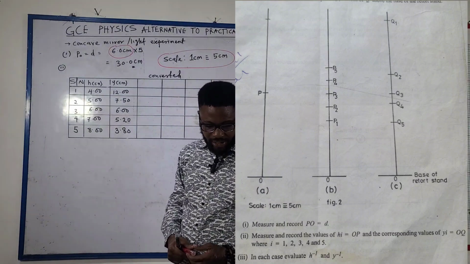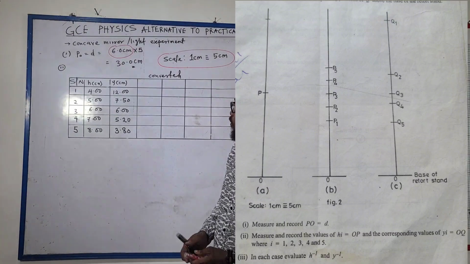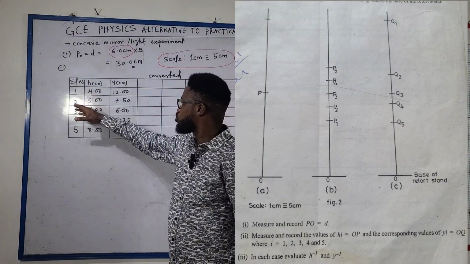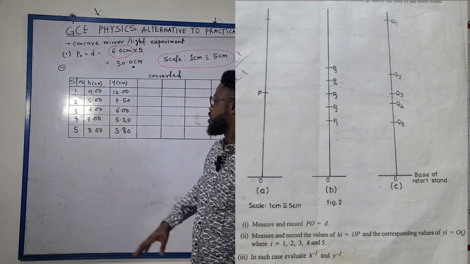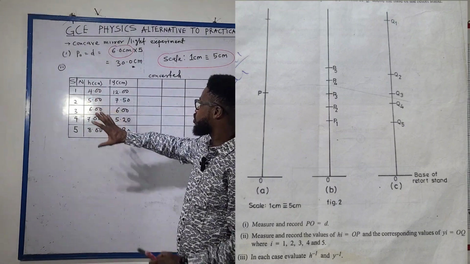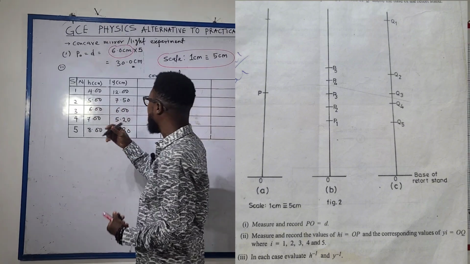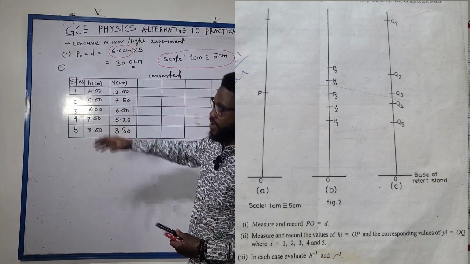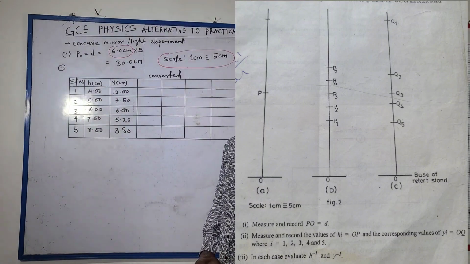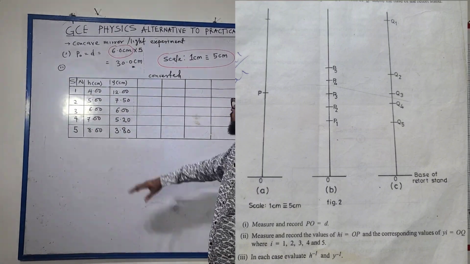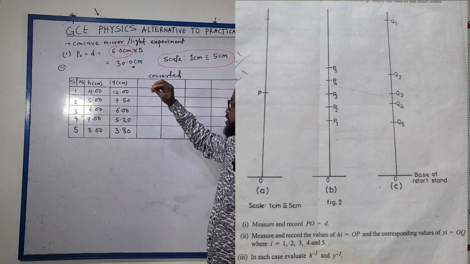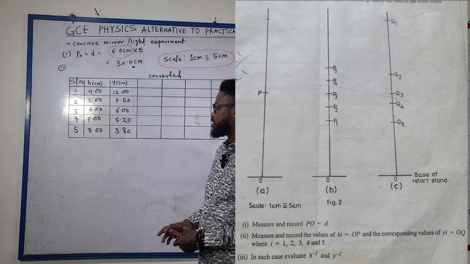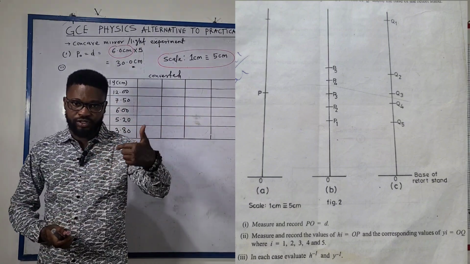So when I try to measure for 5 readings, 1, 2, 3, 4, 5, for my H in centimeter, without conversion, without any consideration of the scale, what I have for my first reading for H is 4 centimeter, 5 centimeter, 6 centimeter, 7 centimeter, 8 centimeter. You should be seeing that on your screen now.